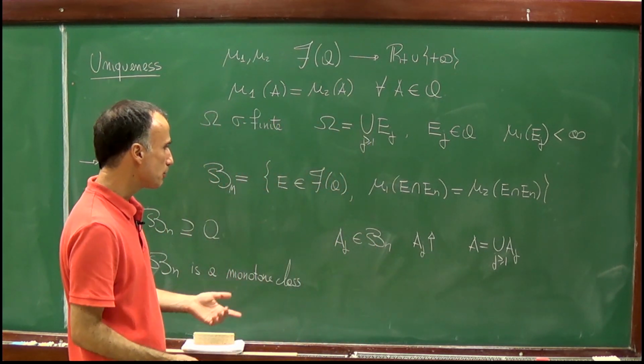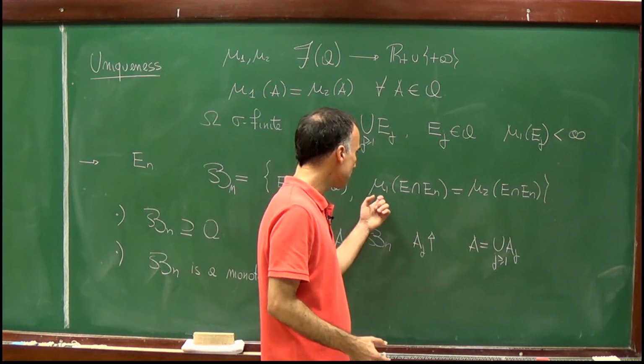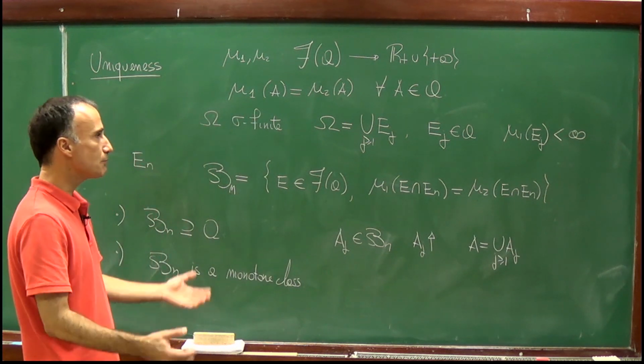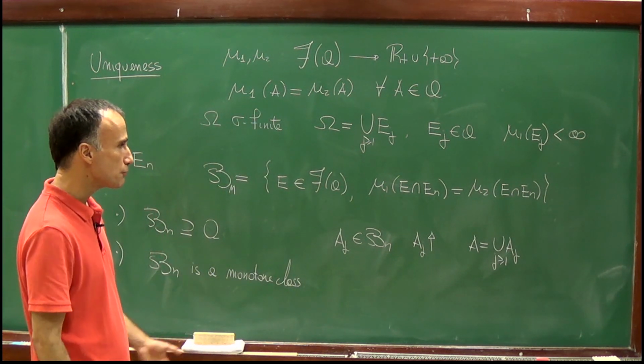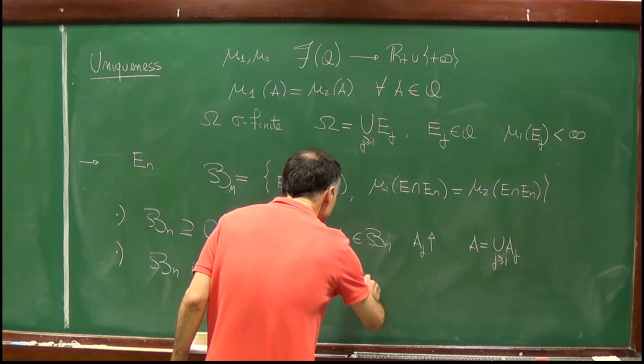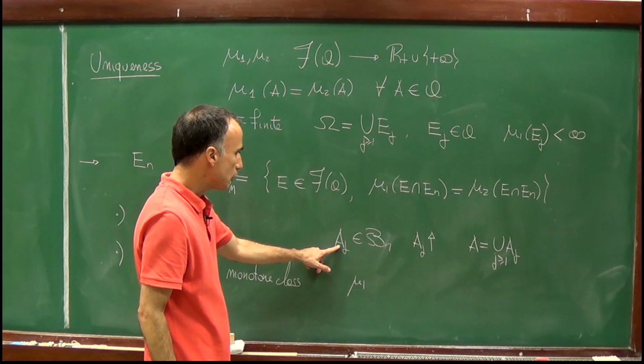But this is very simple, because this just follows from the fact that mu1 and mu2 are sigma additive, and therefore they are continuous from below, right? So we know that Aj belongs to Bn.